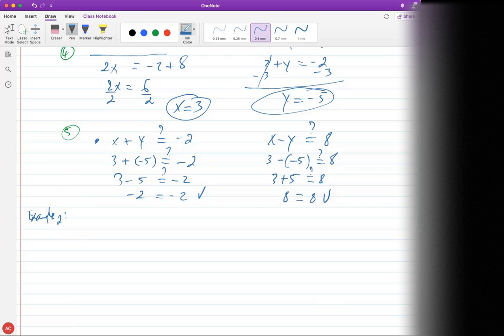Let's say we have a bunch of tickets. So there's a total of maybe 17 tickets. Tickets of 2 different prices.